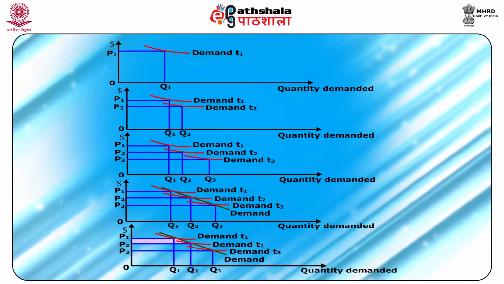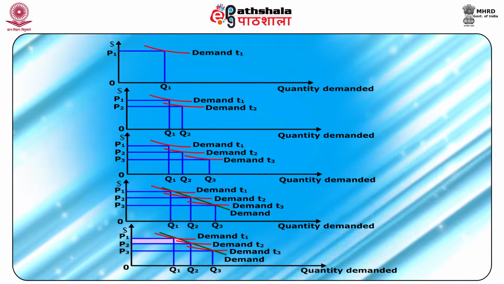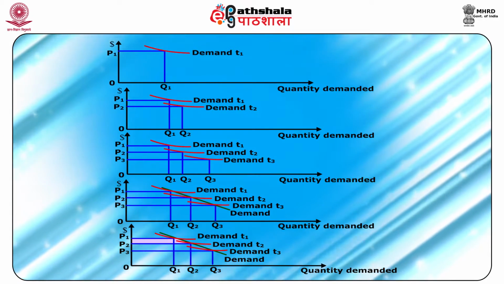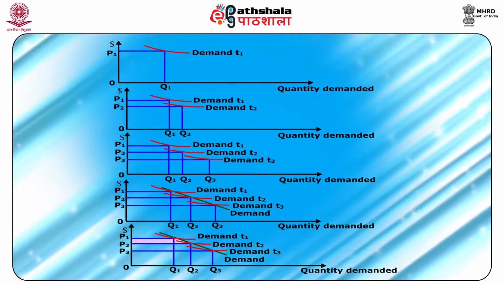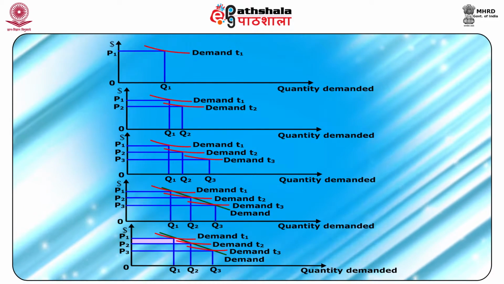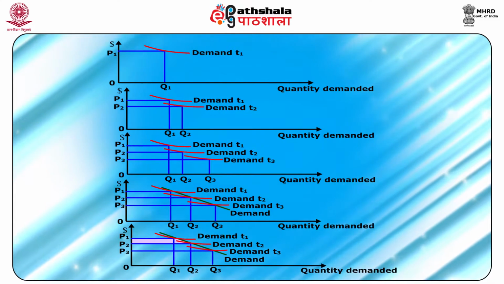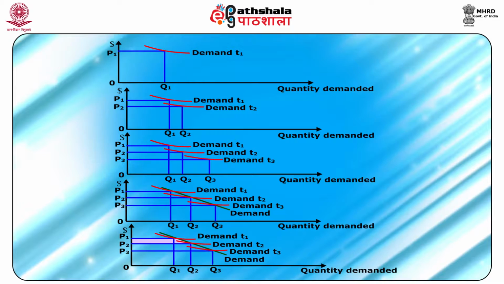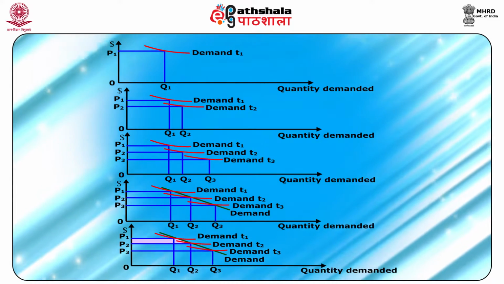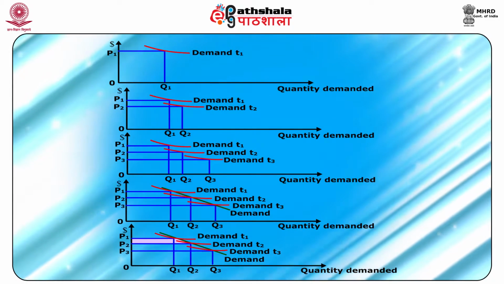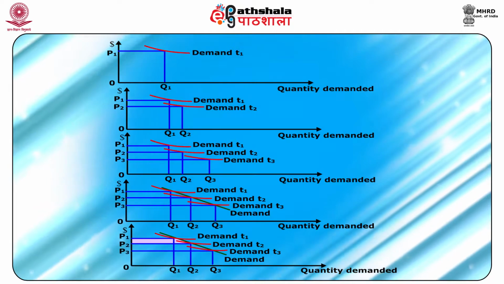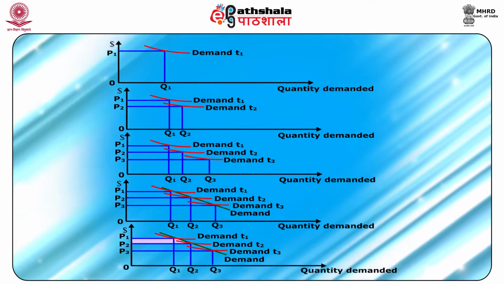Hence, if we were to plot all these points, that is the combinations of price and quantity, then we would get another demand curve, which is given as the black line, which intersects the shorter demand curves given in red, that is demand curves T1, T2 and T3.